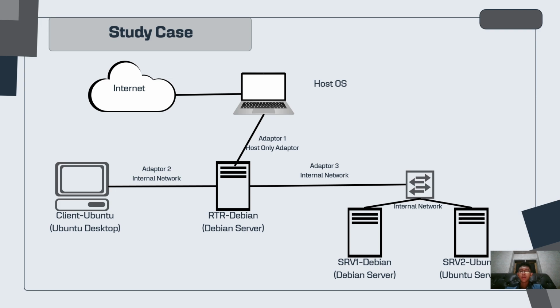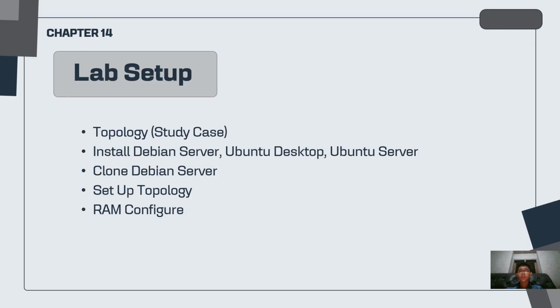From the router Debian, it is connected to the left side, which is the Ubuntu desktop, and to the right side, it is connected to the internal network, and in the internal network, it is connected to two VMs, the Ubuntu server and the Debian server. So that is the study case or the topology that I will use.